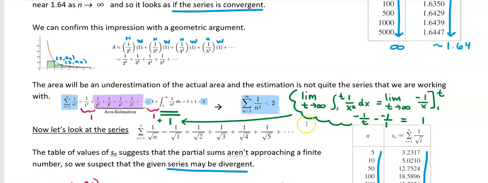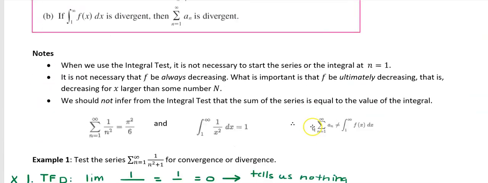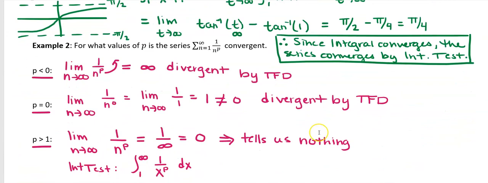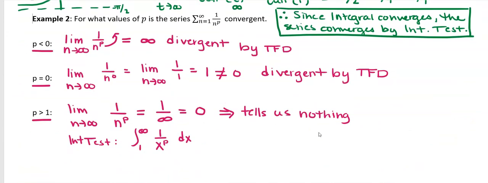This one converged to 1, for example. And you would see that this was an idea from lesson 7.8. So we know that this is going to converge if p is greater than 1.